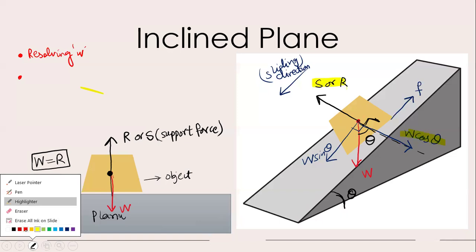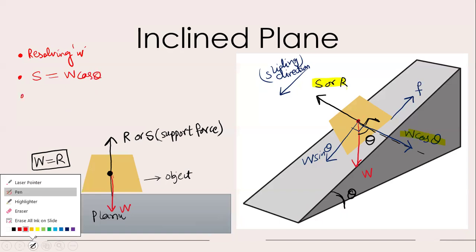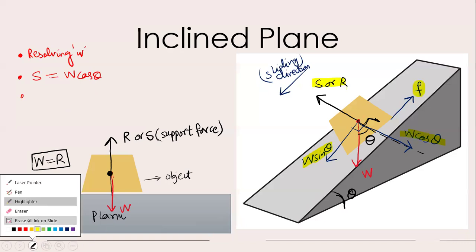So what we can do is simply write the expression over here: support force is equal to W cos theta. And next, we can say that this W sine theta is equal to friction if the object is not sliding downward.